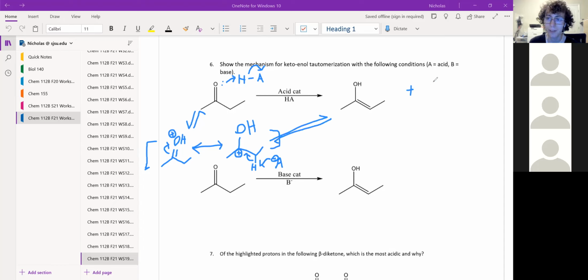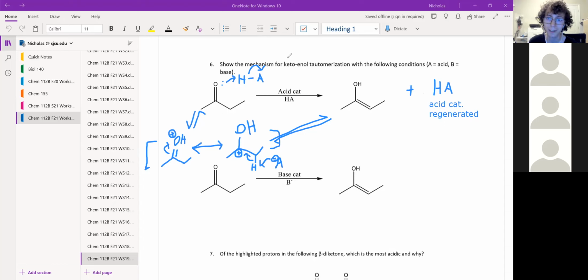And then at the same time, you're going to reform the acid catalyst. So the catalyst is regenerated at the end, which is good. That's the definition of a catalyst. It should be regenerated at the end.